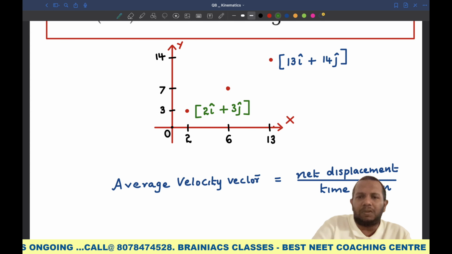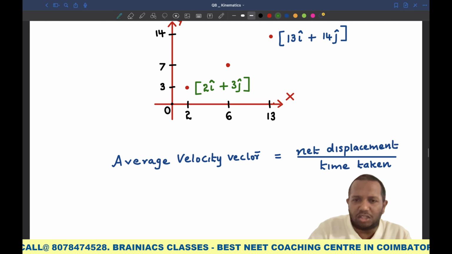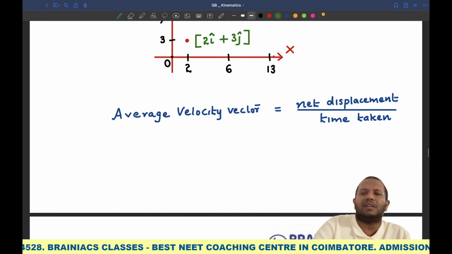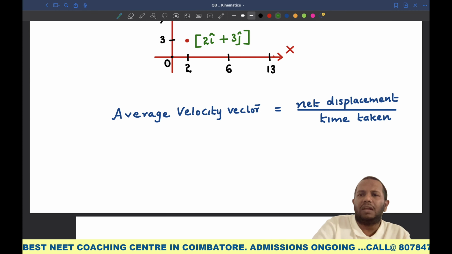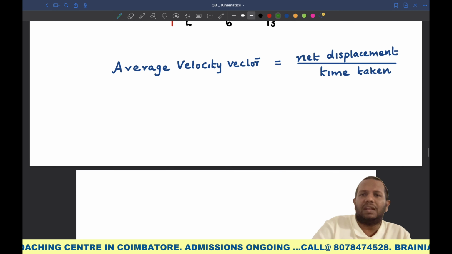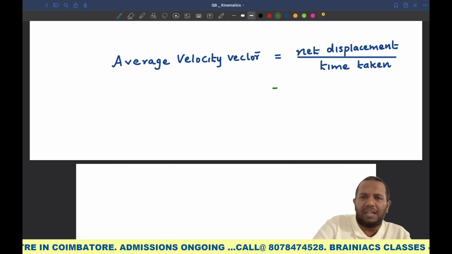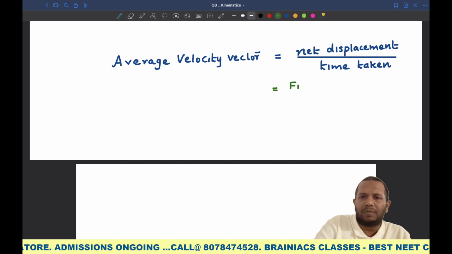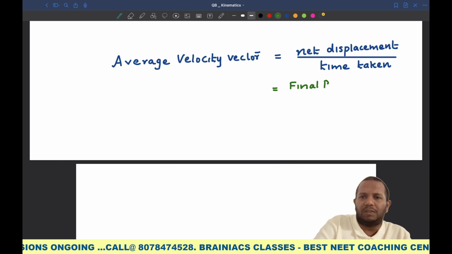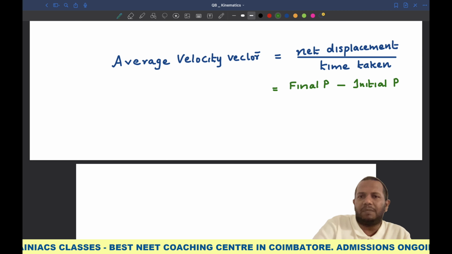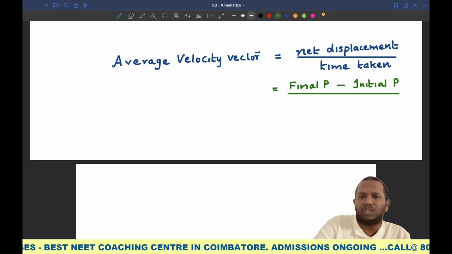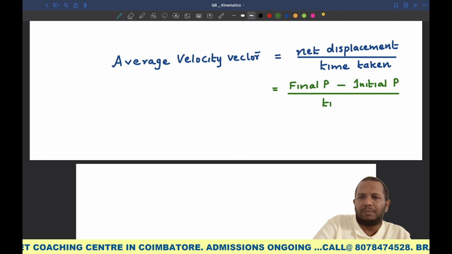So the net displacement is final position minus initial position. Let me write that for your understanding. Net displacement is final position minus initial position, divided by time taken for this change.